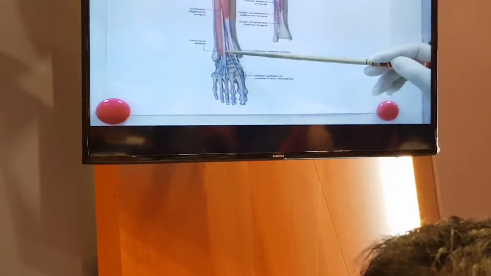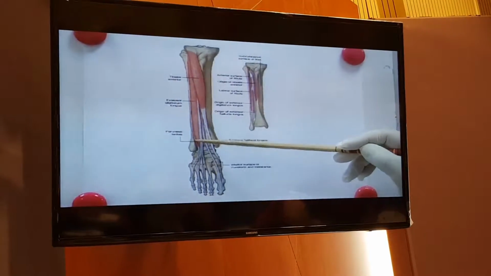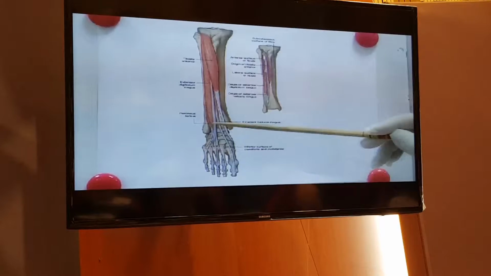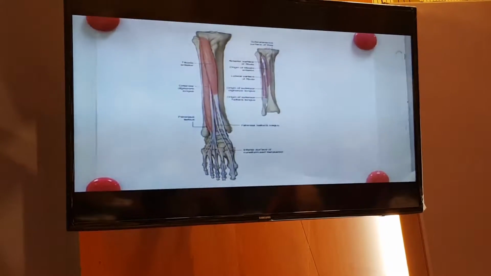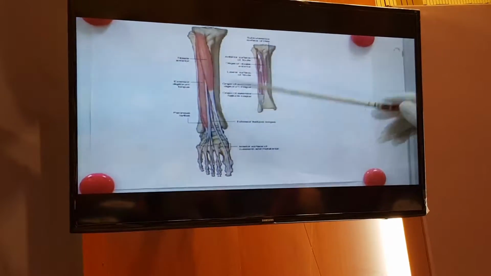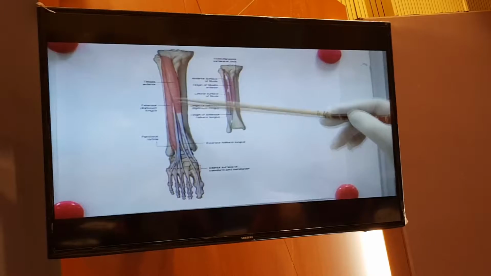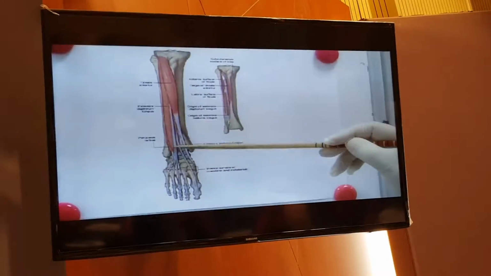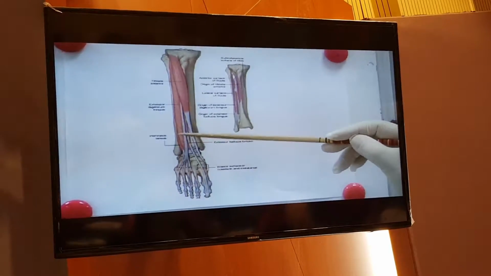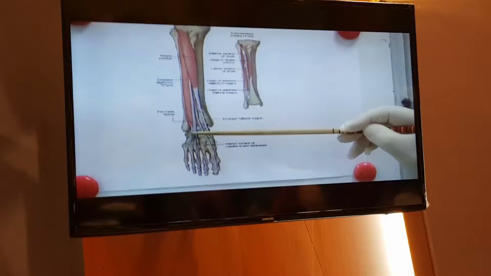And you have a very short muscle on the lateral side, peroneus tertius. So in the anterior compartment, you have 4 muscles: tibialis anterior, extensor hallucis longus, extensor digitorum longus with 4 tendons, and on the lateral side, the very short muscle, peroneus tertius.